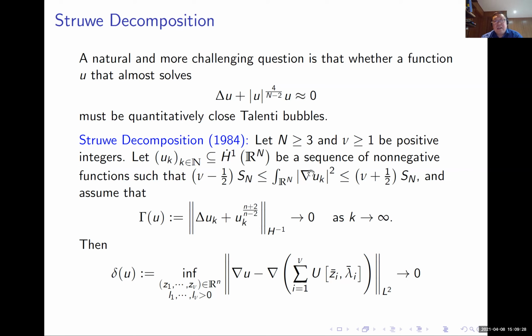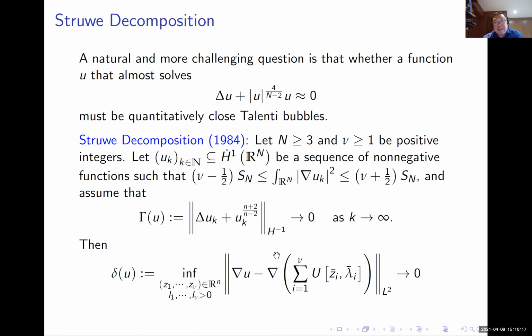What he proved is, if you have a sequence of functions in D^{1,2} with energy at a multiple level, and the Euler-Lagrange equation is satisfied almost in the weak sense, so that its H^{-1} norm goes to 0, then you can decompose your function into Talenti bubbles, and the distance between the function and the sum of the Talenti bubbles is small. This is called the Struwe decomposition.